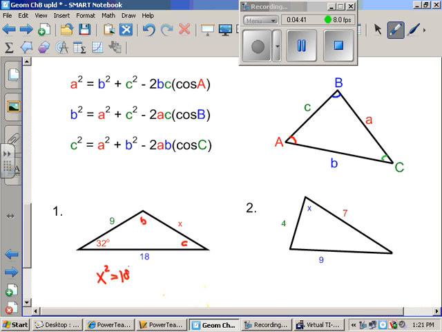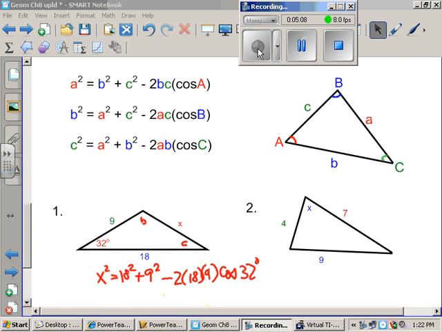That's 18 squared plus c squared, that's 9 squared, minus 2 times b times c times the cosine of angle A, which is 32 degrees in this case. And then you just plug that in your calculator, and you get a value.